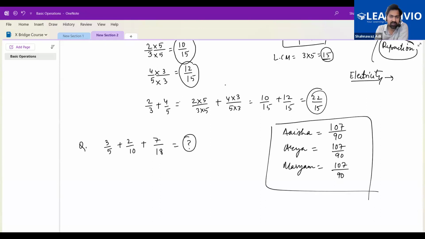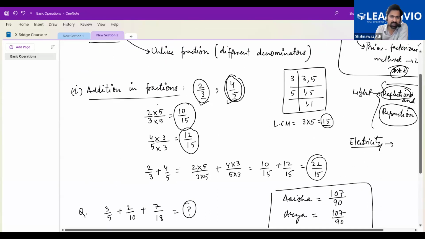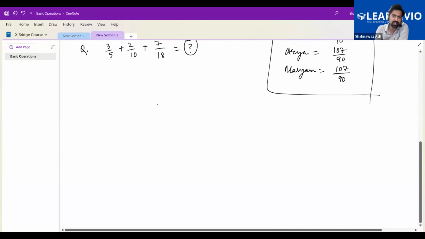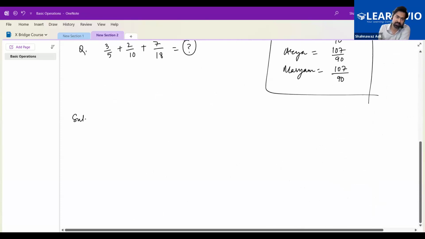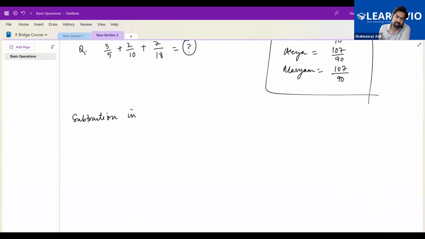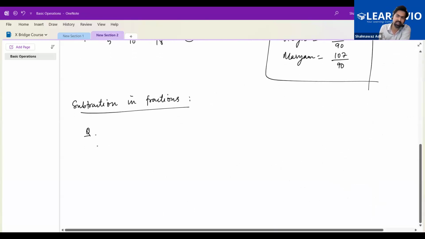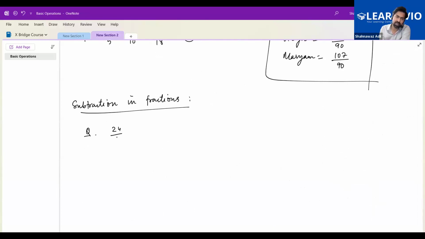Now we have discussed addition in fractions. So let's talk about subtraction in fractions. Again, the same analogy: we have to make the like fraction. So let's say we have 24 by 80 plus 3 by, let's say, 6.